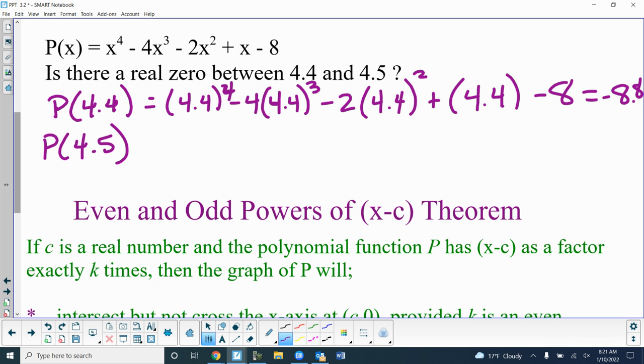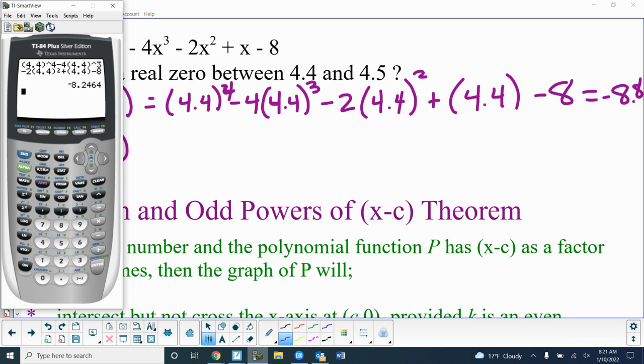Here's the easy part. If I hit second enter, it gives me the same thing I just punched in. But I need to change the 4.4s to what? 5. So if I go up and just change those to a 5, it's a little quicker.